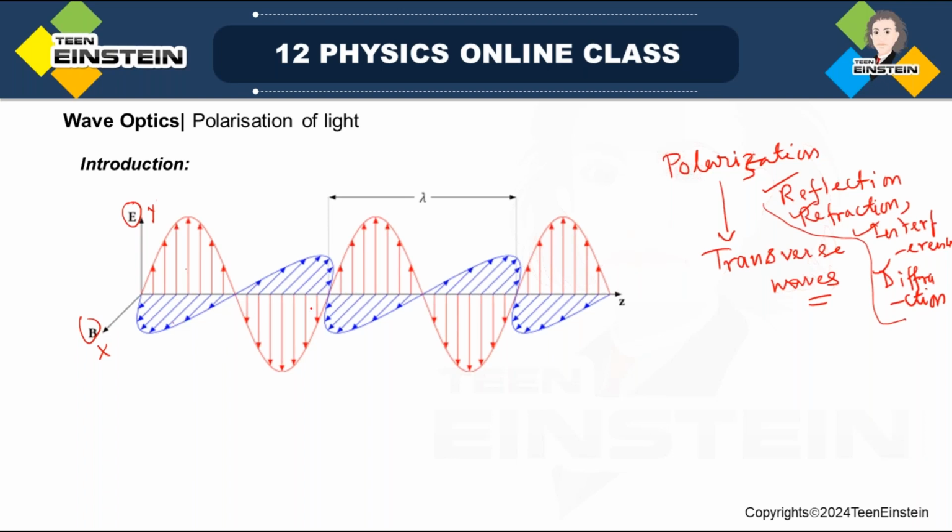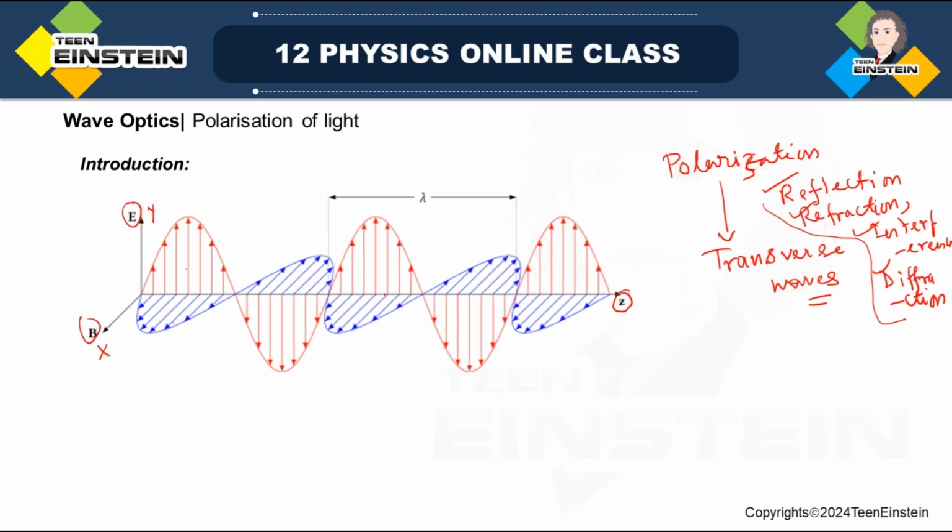So B is in the xz plane, and the electric field is oscillating in the yz plane. These are two mutually perpendicular directions. They are also oscillating in a direction perpendicular to the direction of propagation.